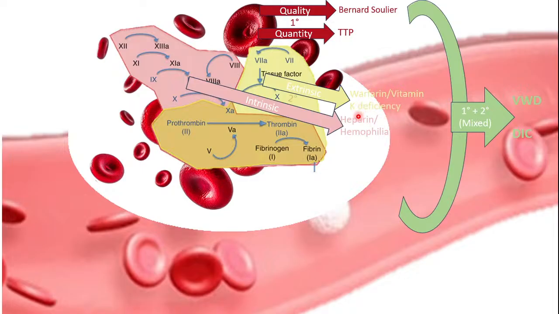And vitamin K deficiency can happen, for example, after giving some specific antibiotics that affect the gut flora. And also it can happen from fat soluble vitamin deficiencies, like what happens, for example, with chronic pancreatitis.